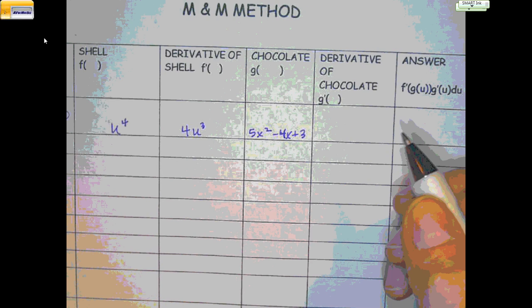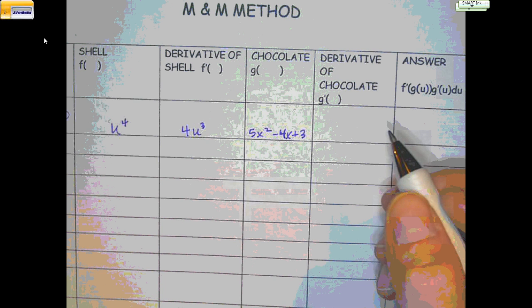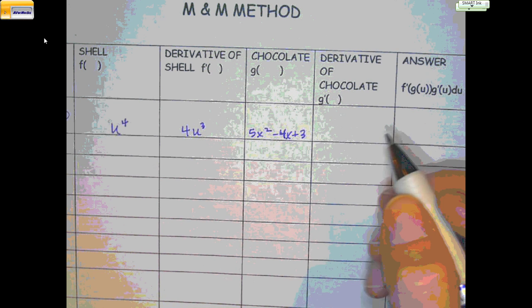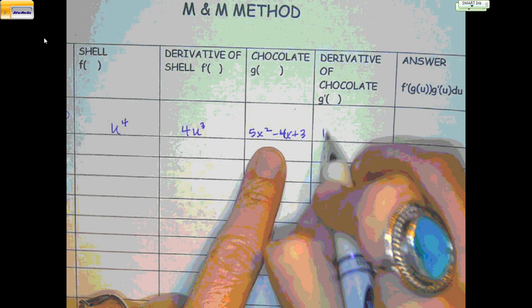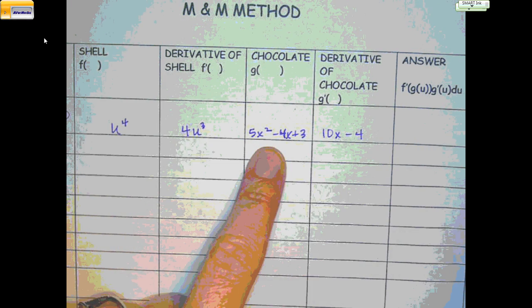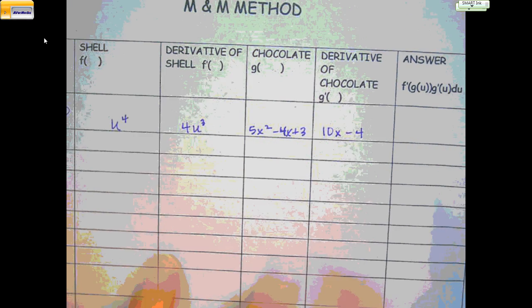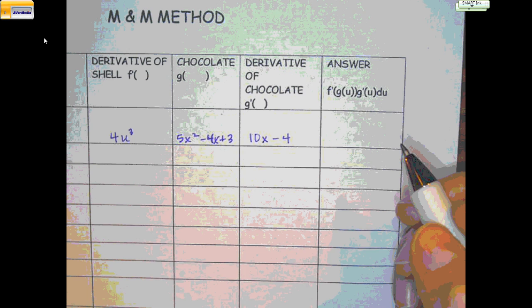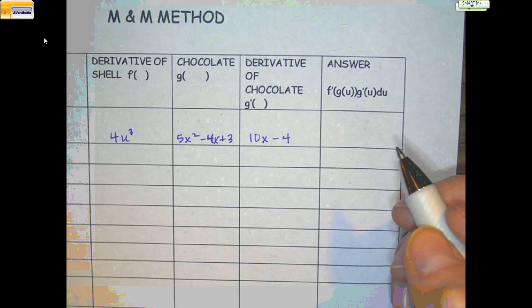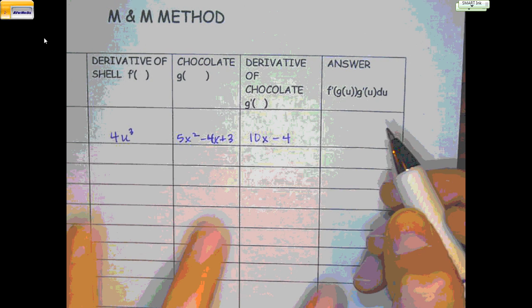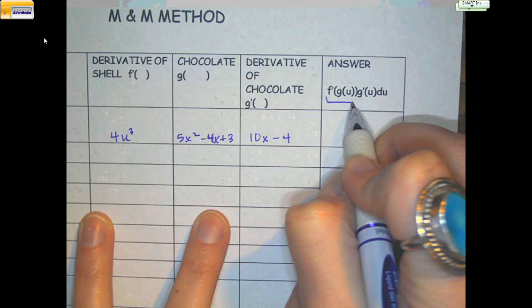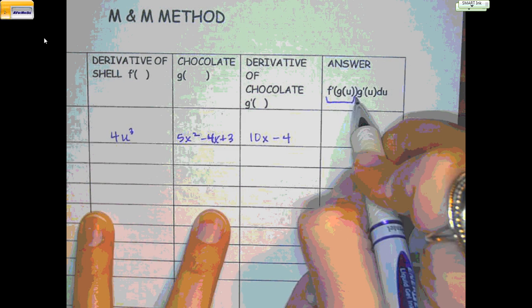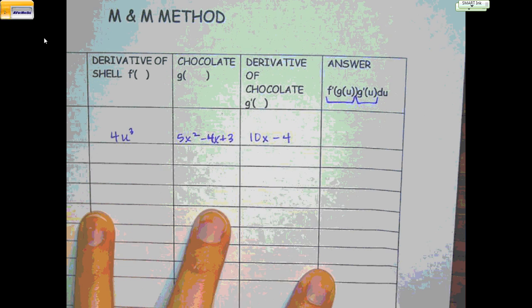And then in order for the entire M&M to go away, we have to dissolve the inner part, the chocolate part. So we're going to perform the derivative of the inside function. Good, 10x minus 4. The answer for finding the derivative of a function within a function, the composition of functions, is we find the derivative of the outer function, multiply it by the derivative of the inner function.